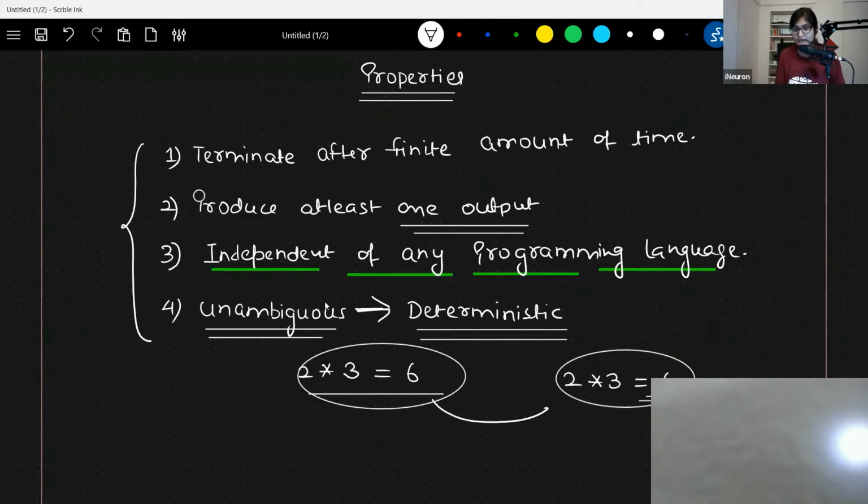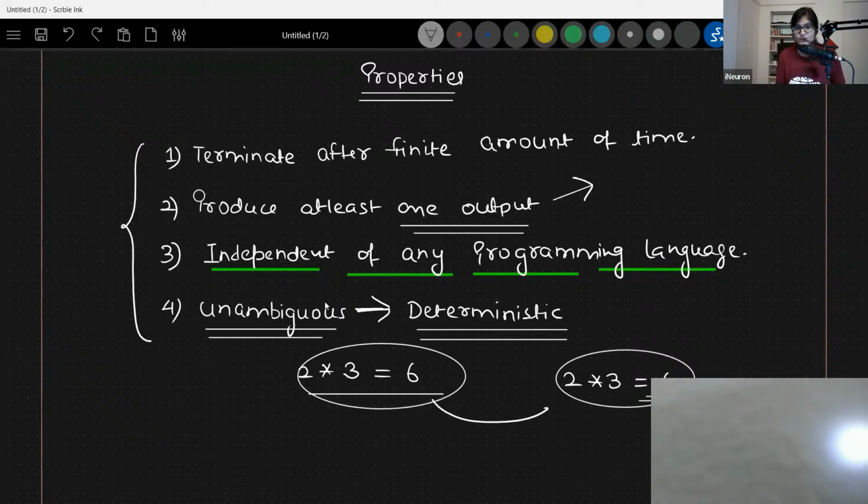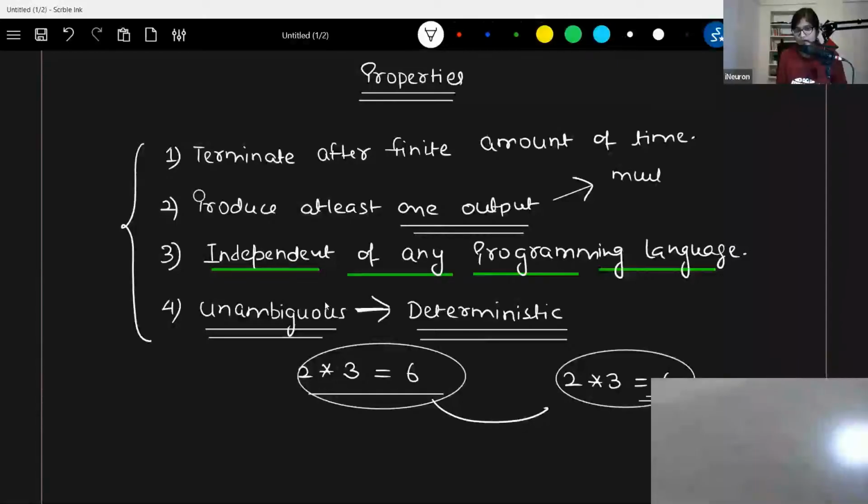For example, your need today is just to multiply two numbers, 2 into 3, so it will give you exactly one answer. Suppose your need is, for example, the multiplication of a number and also the division of two numbers.